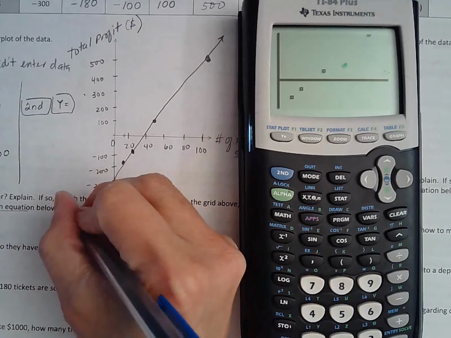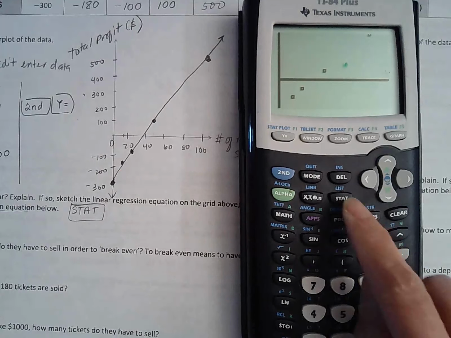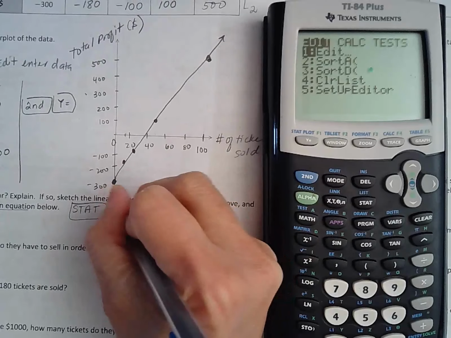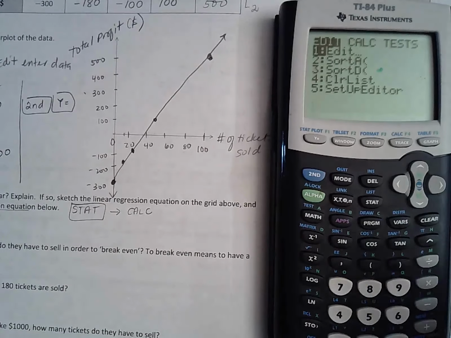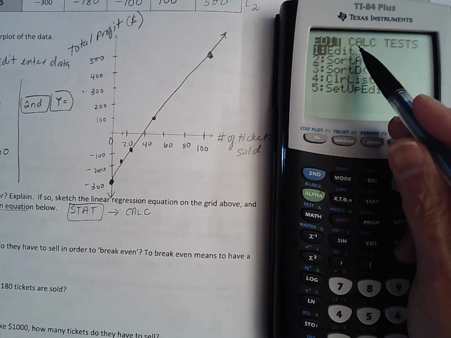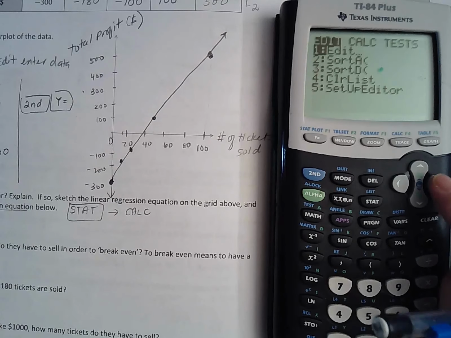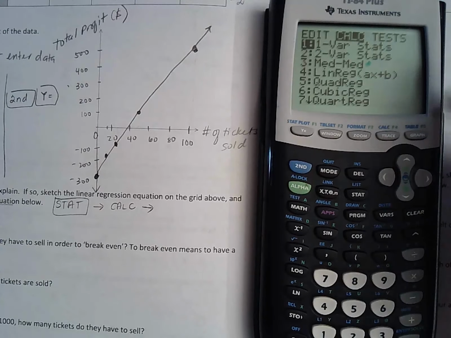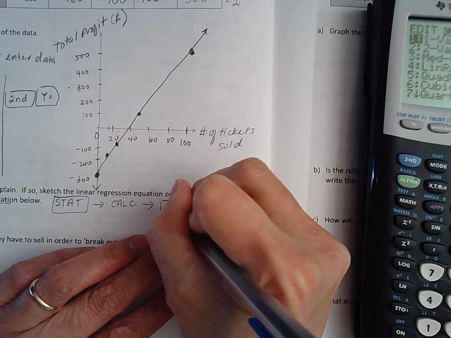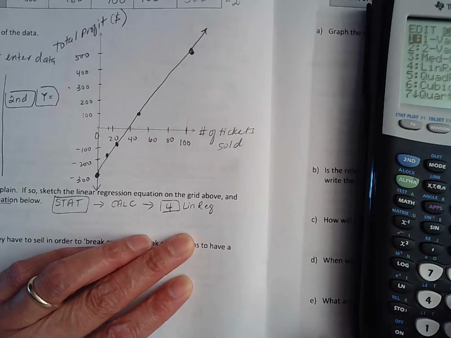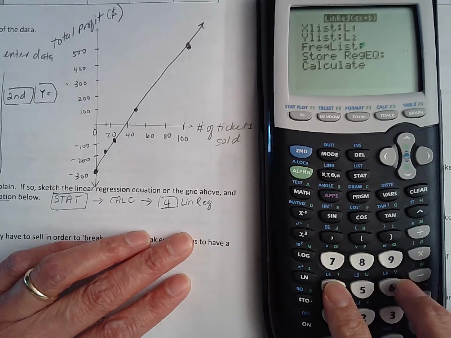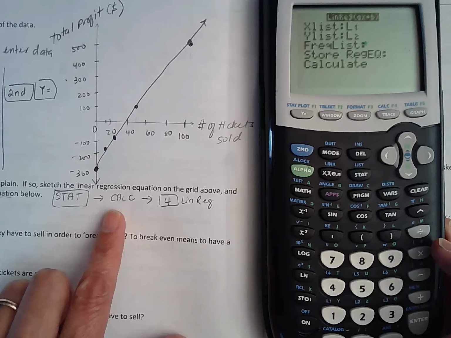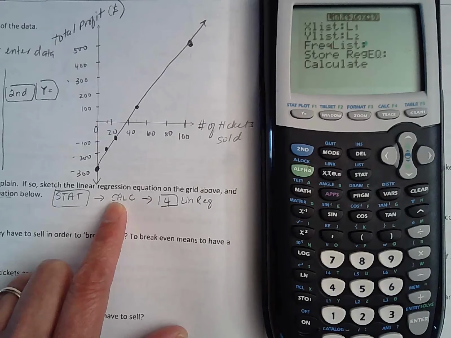Press stat, and then we're gonna go to calc. Take the arrow key to the right to calc.